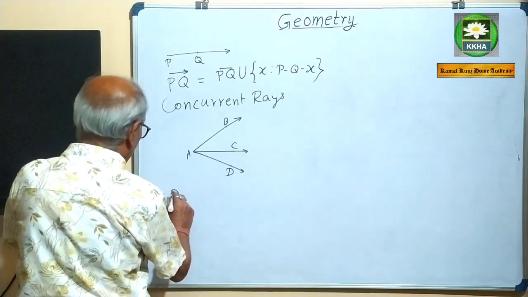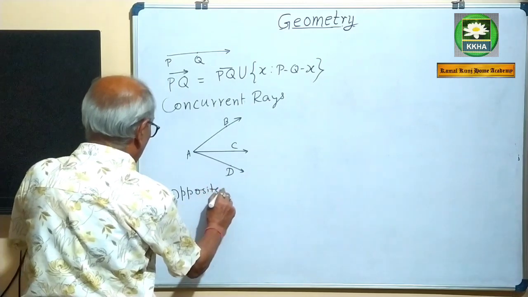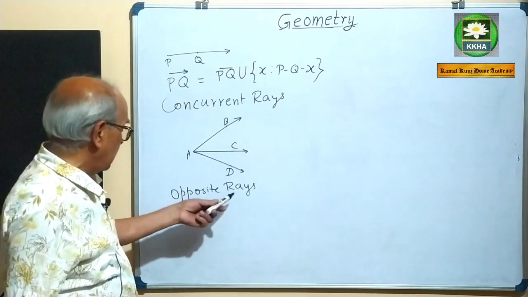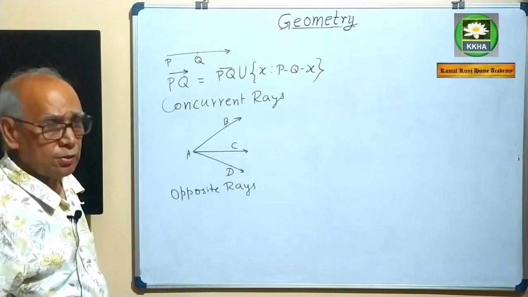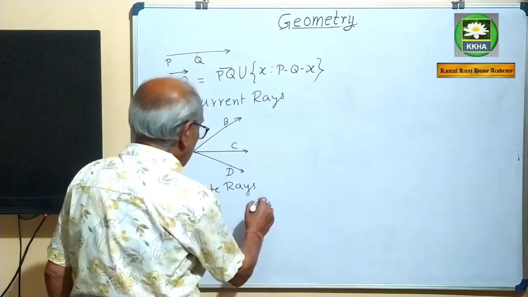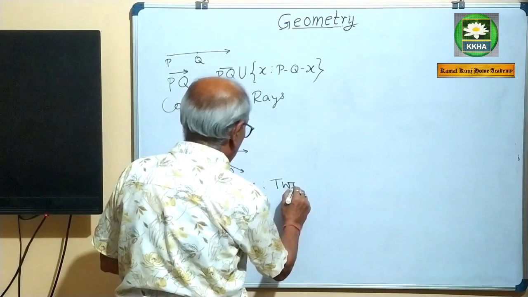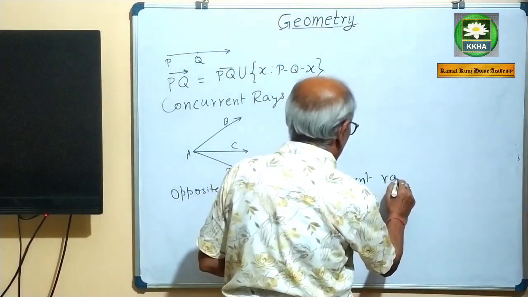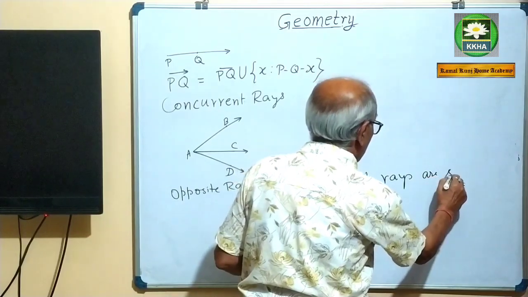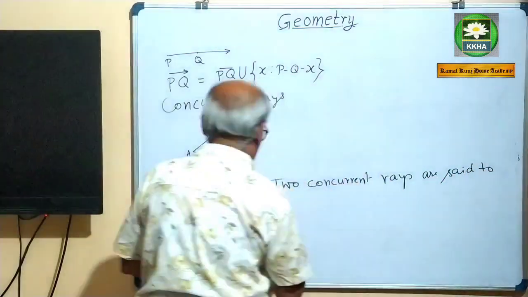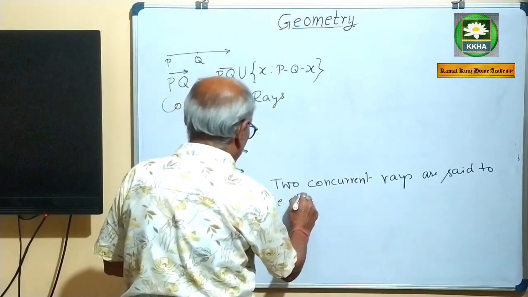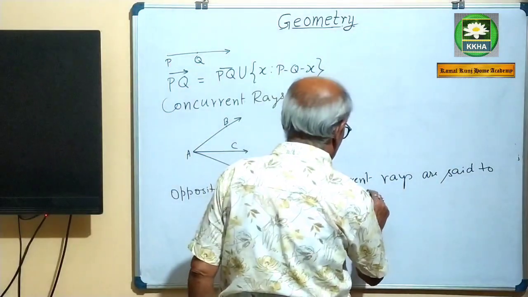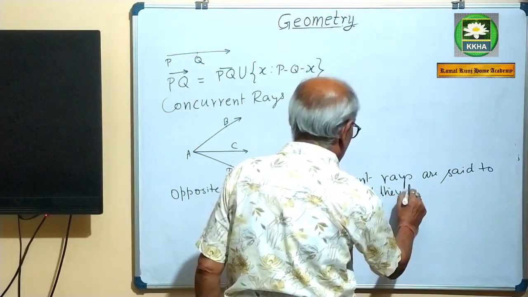What are opposite rays? Two concurrent rays are said to be opposite rays if they lie on the same line.